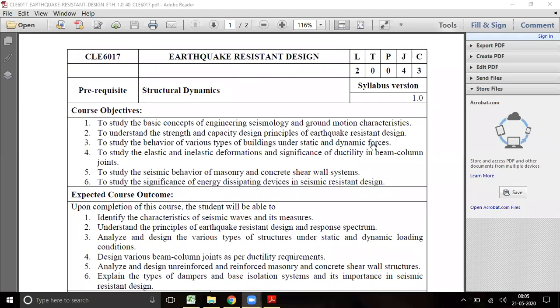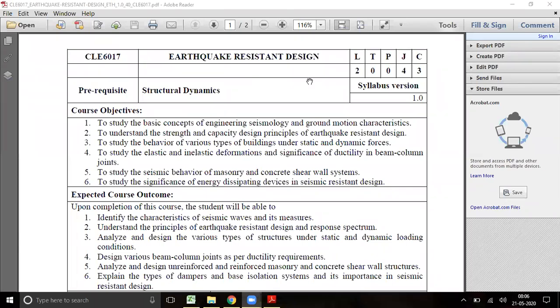But suppose any of the beams or any of the columns fails during this earthquake, then it will affect the structural behavior. Suppose, for example, any one column fails in the ground floor, it may lead to subsequent collapse of the structure.